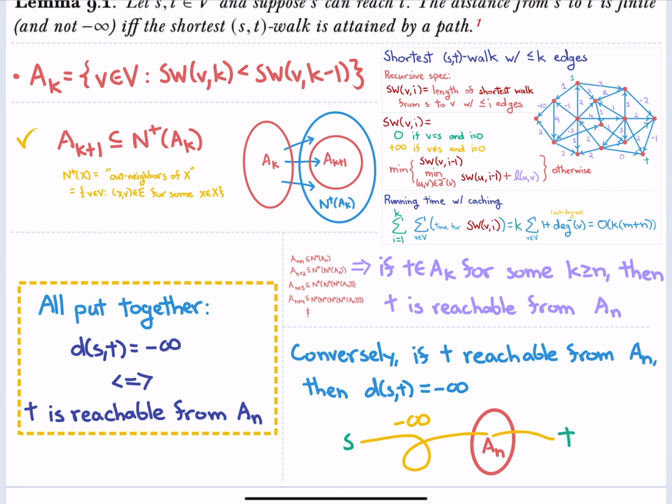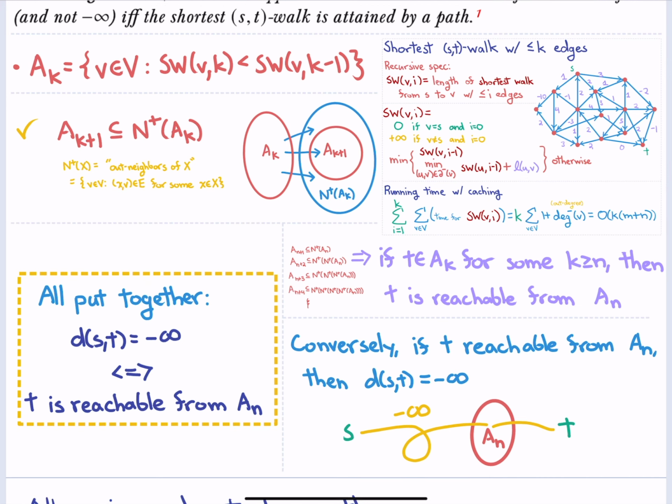From there, now that I have a sub n, how do I figure out everyone with negative infinite distance? From a sub n, I can just do depth first search. I'm sure you guys know this trick, but I can make my own starting vertex.